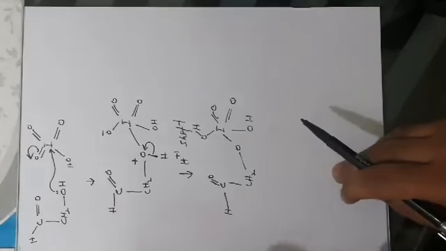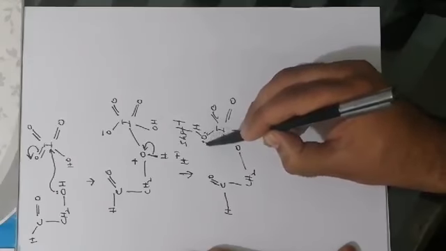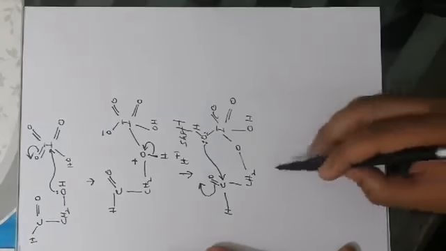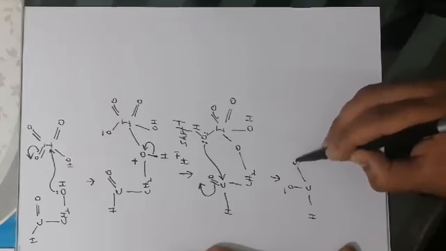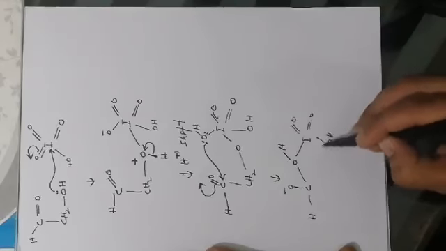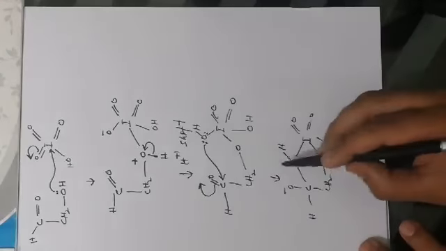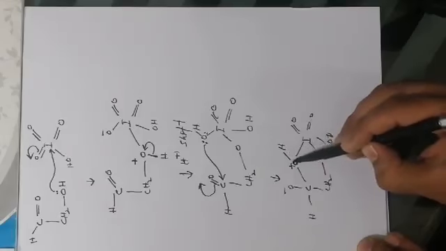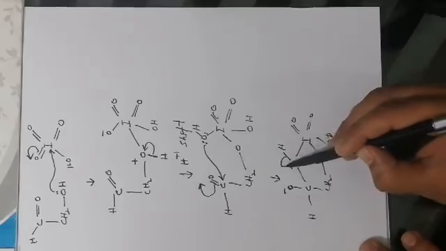Now what happens in the next step, this lone pair of oxygen attacks here, and this bond moves here. This will now get positive charge. Since oxygen now bears positive charge and this oxygen is bearing negative charge, just hydrogen shift occurs.